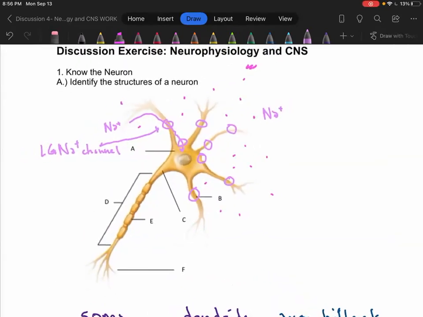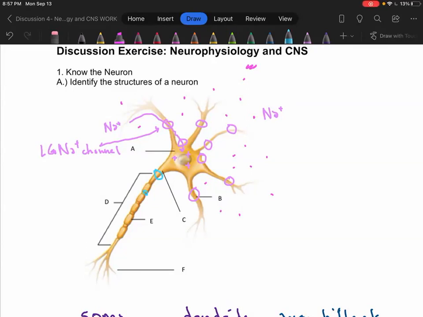So what we see is that when sodium enters the neuron, it's going to become a lot more positive because sodium is positively charged. So we're going to have a change in voltage. And this change in voltage is going to cause the opening of some voltage-gated sodium channels.